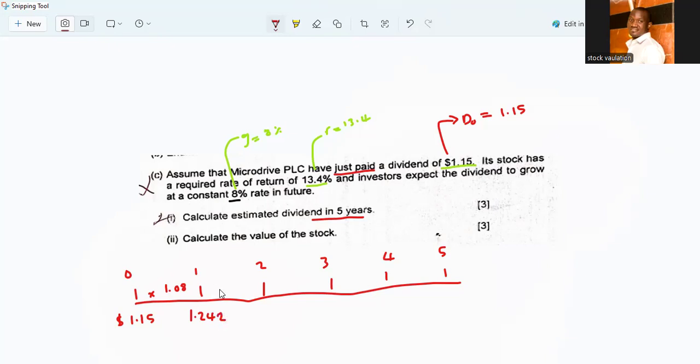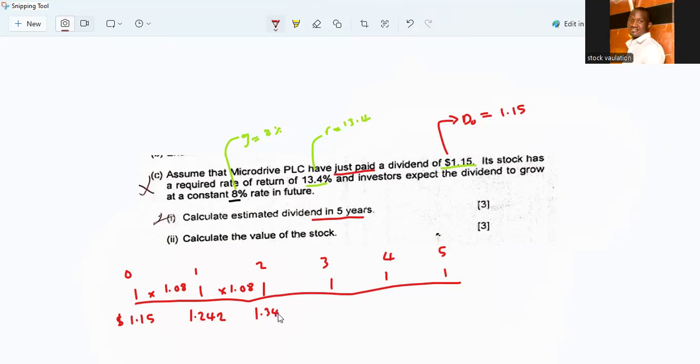Then again, we multiply by 1.08. What do we get? 1.341.